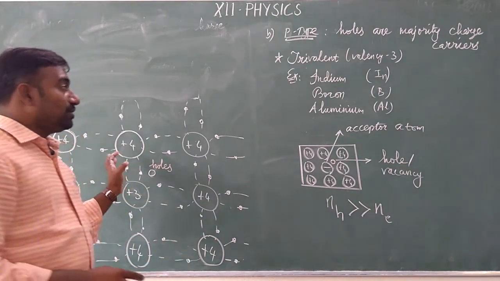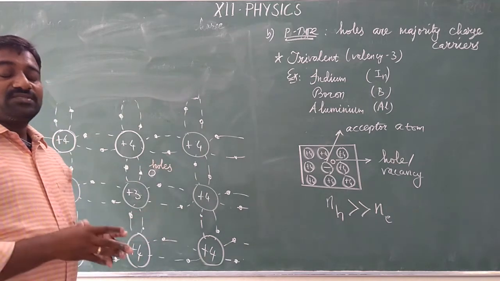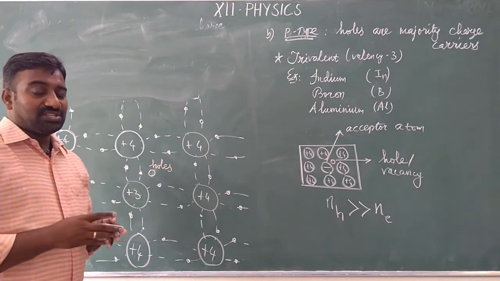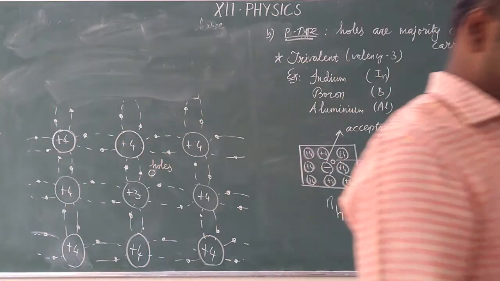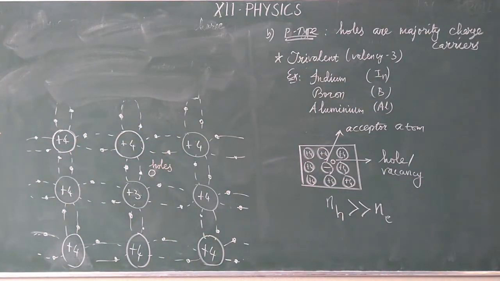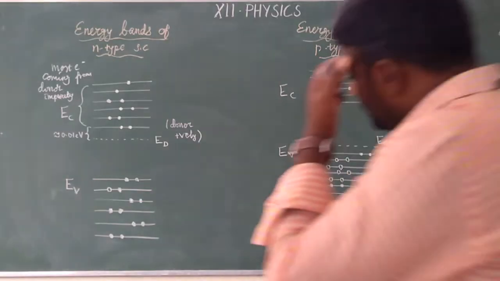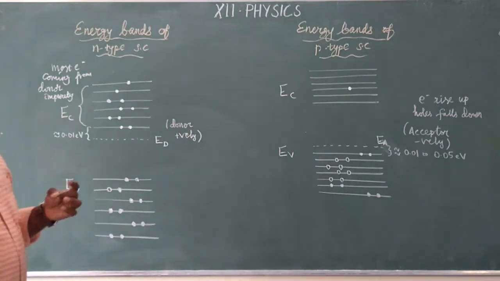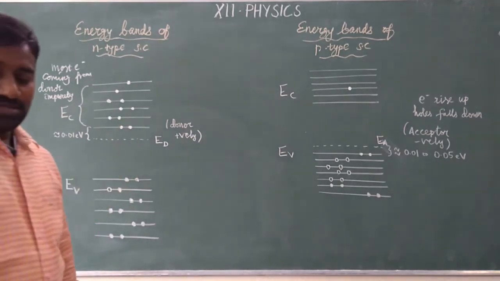So we know the N-type semiconductors and this one is P-type semiconductors. Next we are going to form PN junctions. Now we are going to see the energy bands in the N-type semiconductor and the P-type semiconductor.